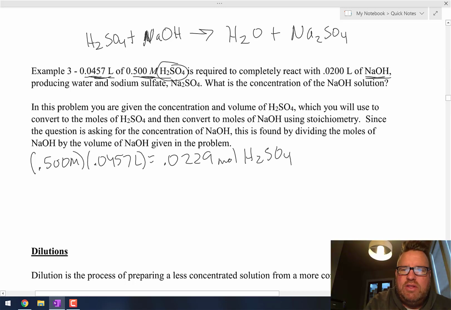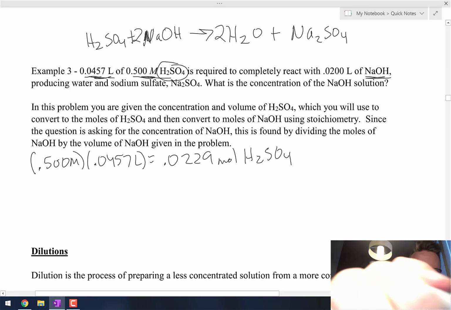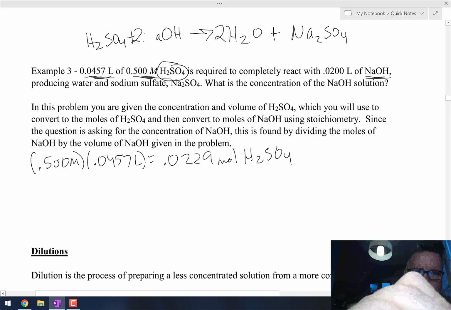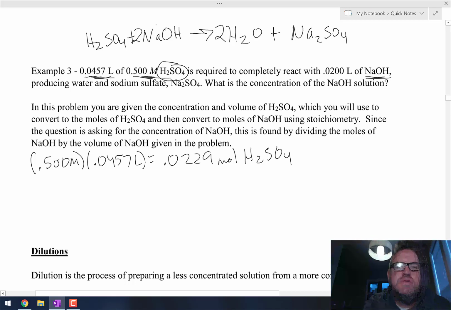Okay, so to balance this, it looks like we need a 2 right here and a 2 right here, and now it is balanced. Sorry, that end's driving me nuts here. There we go. Okay, so that equation is now balanced.